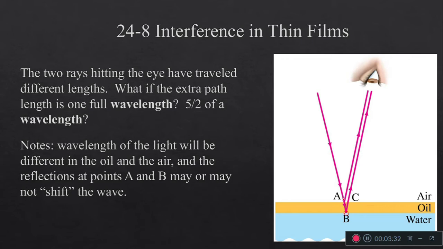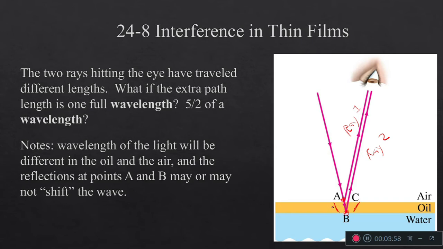So at A and B we get two reflections, and so I get ray 1, which has bounced off of point A and gone to the eyeball, and what we call ray 2, which has bounced off of B and then also made it out of the air-oil interface a second time, and also makes it to the eye. And it has traveled this much farther. So ray 2 has traveled a farther path length.